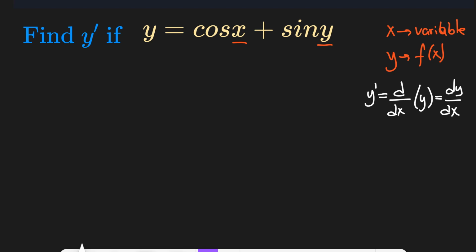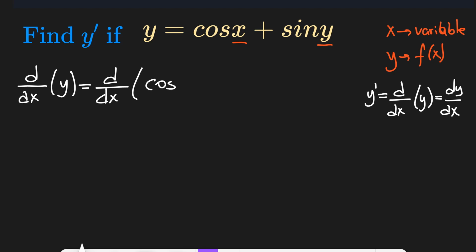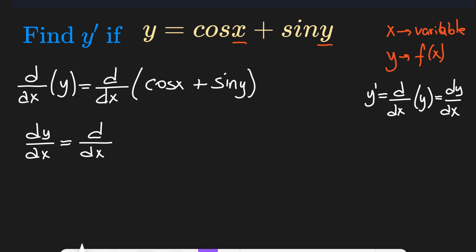Y is equal to cosine x plus sine y. Let's differentiate both sides with respect to x, distributing the derivative operator onto the addition.